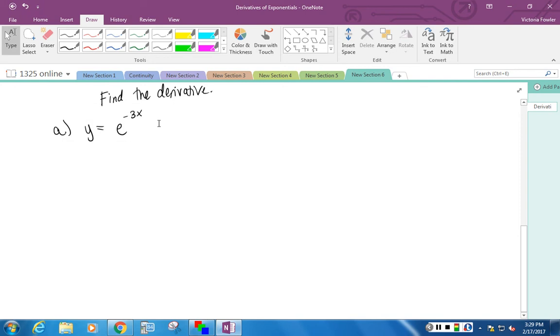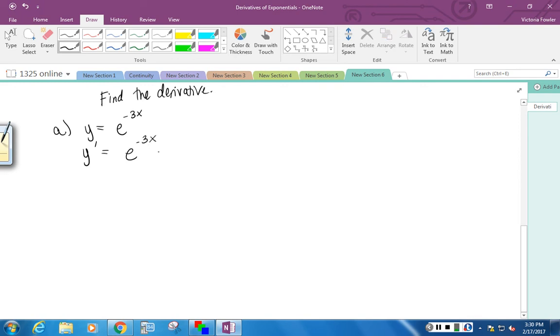And chain rule says that we're going to take the derivative of the overall function and we're going to multiply by the derivative of that inner function. So in this case, we're going to multiply by the derivative of this exponent. Okay, so I'm going to indicate I'm taking the derivative. So I'm saying y prime. I'm going to take the derivative of the overall function. Well, I'm going to have e to the negative 3x, right?